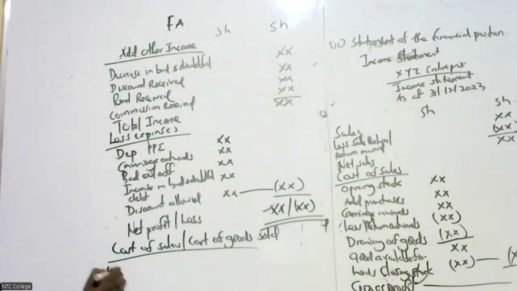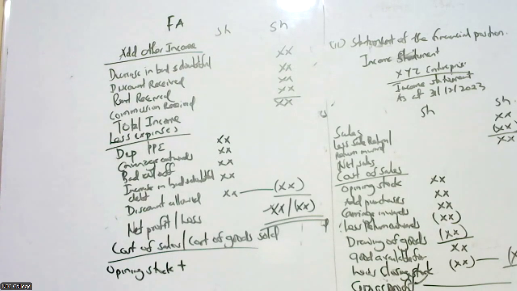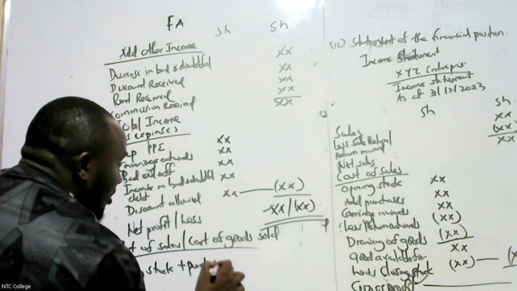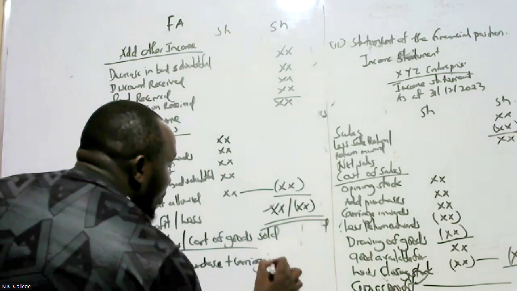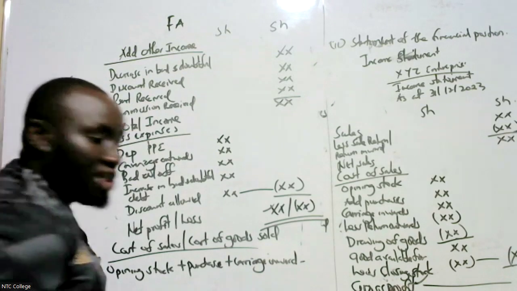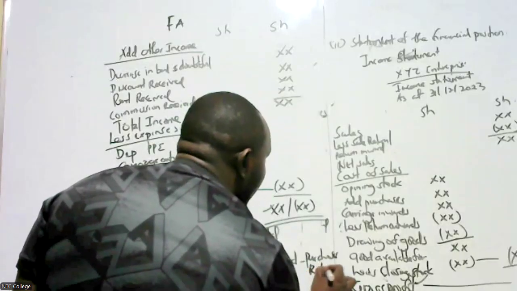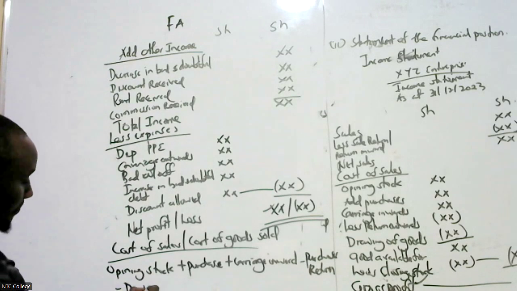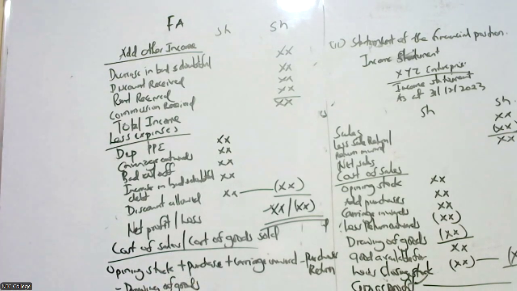So we know that the cost of sales is basically opening stock plus purchases. You can say purchases plus carriage inward. Then you say minus purchase return, minus drawing of goods.